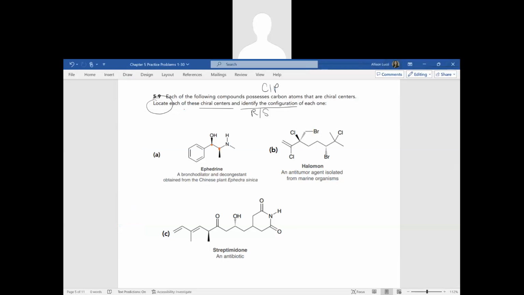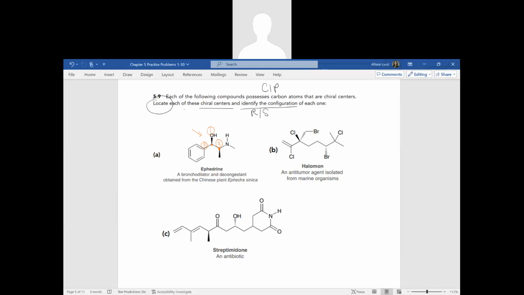And let's take a look at the one on the left here. We notice that we have an oxygen here, so this would definitely be our highest priority group. Then we go to the right or the left and we see a carbon. As far as prioritization, this would be our second highest, because this carbon is also bonded to a nitrogen, whereas we would call this number 3 because this carbon here is bonded to only carbons, right?